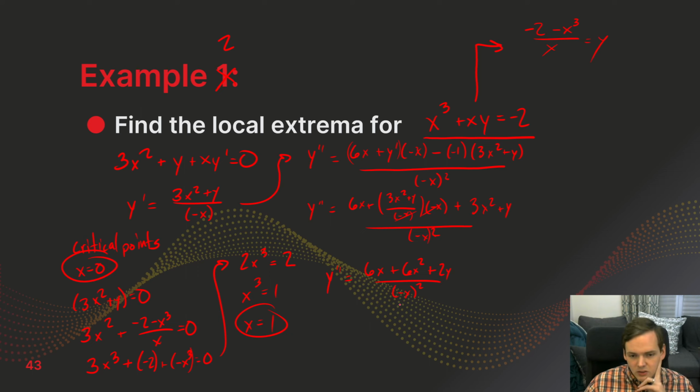So plugging in 0 is not going to help us for that first critical point, other than telling us it is an inflection point, so we can know that this first one isn't a minimum or maximum. X equaling 1, plugging that in. We need the y value, which will be up from the top up here.